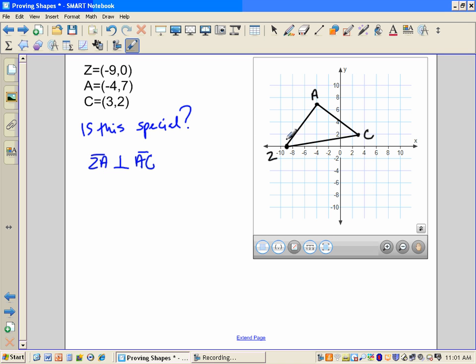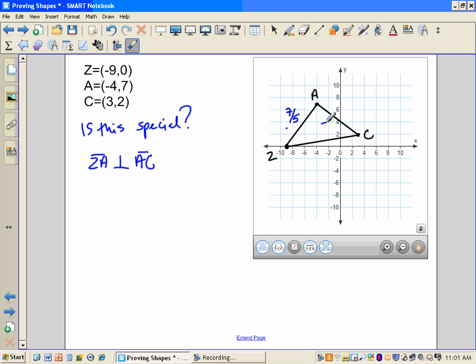Remember we're going by 2, so that's 1, 2, 3, 4, 5, 6, 7. I went up 7, and I'm going 1, 2, 3, 4, 5. So I went up 7 and over 5. And if I go from A to C, I'm going to go down 1, 2, 3, 4, 5.